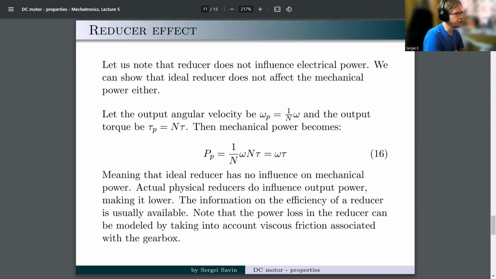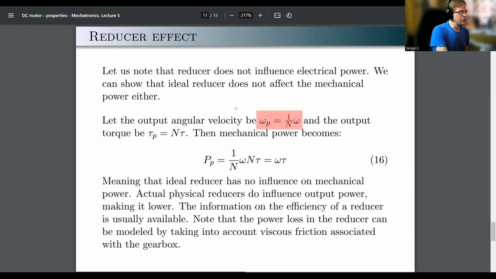Now, what does an ideal reducer do? Let's consider an ideal reducer, not the stuff that we just discussed, like non-backdrivable things. What does it do? Well, it does not influence electrical power, okay? It just isn't even in the equations. So none of the equations even change when you introduce a reducer. Now, the output shaft is n times slower, and the torque is n times higher.